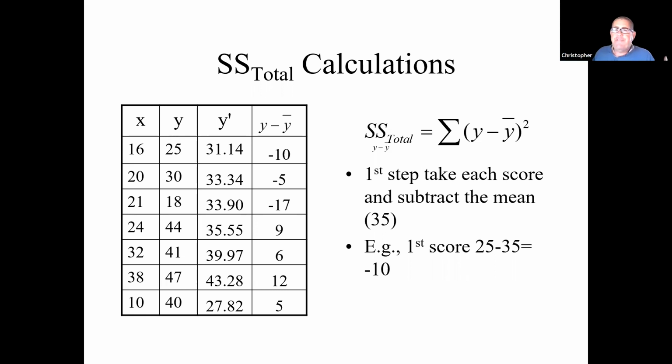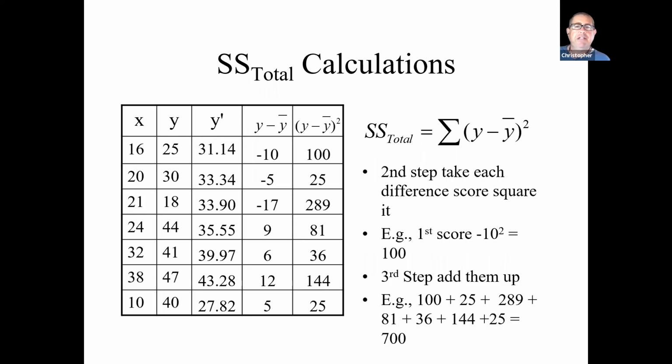We also did that with the covariance, so it's something we're familiar with. The next step is to take each difference score and square it. So that first score, -10, becomes 100. And then finally, in the last step, we simply add up the results from that Y minus Y bar squared column. And this ends up summing to 700.